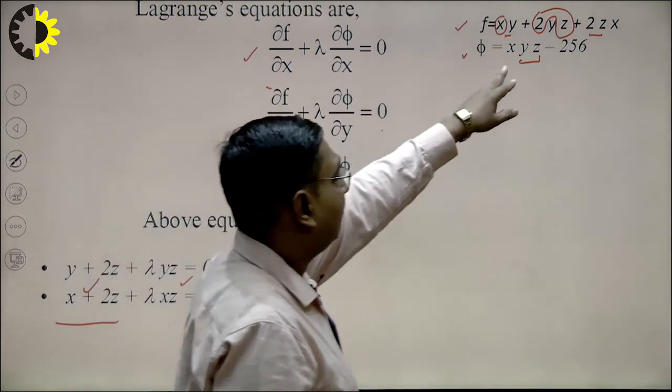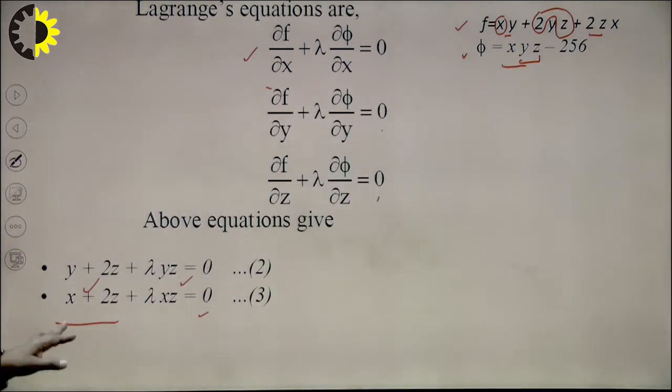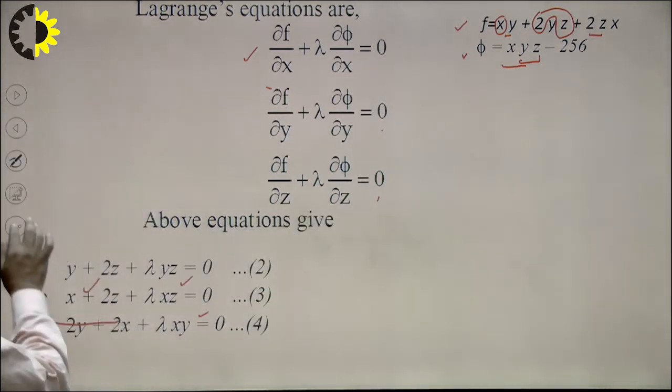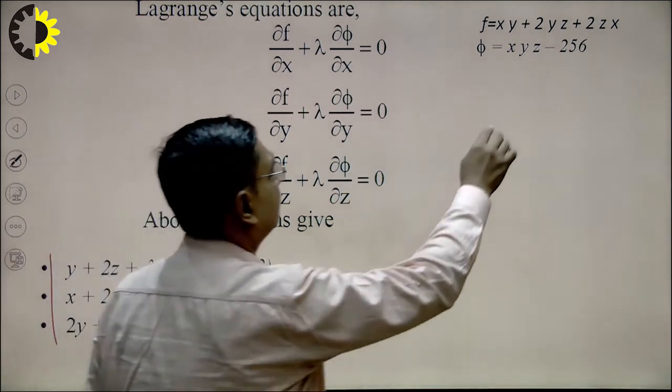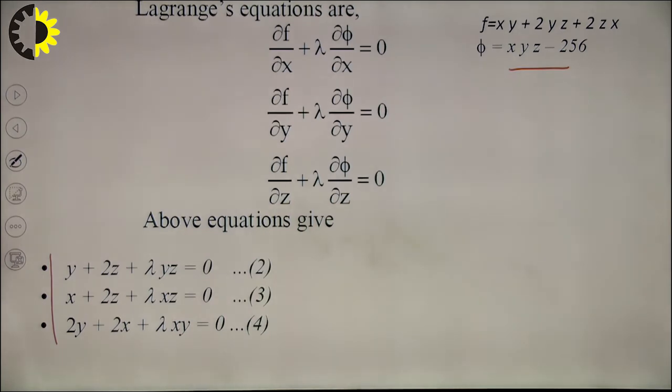Del phi over del y will be x into z. So, the second equation takes this form, and similarly del f over del z plus lambda del phi over del z gives the third equation. Now, these three equations are with us. The fourth equation is this, phi equal to 0, that is xyz equal to 256.